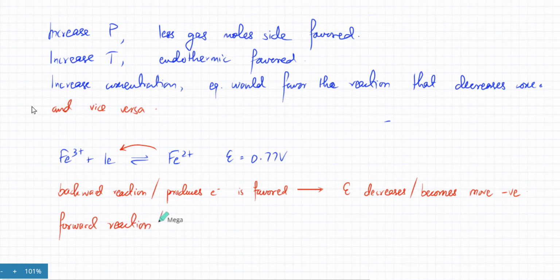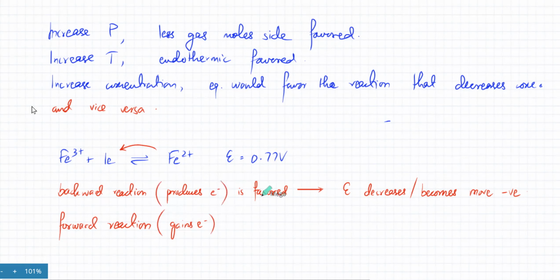Vice versa, if the forward reaction is favored, in the forward reaction it's going to gain electrons. So that is what's going to happen in the forward direction. In the backward, it's going to produce electrons.